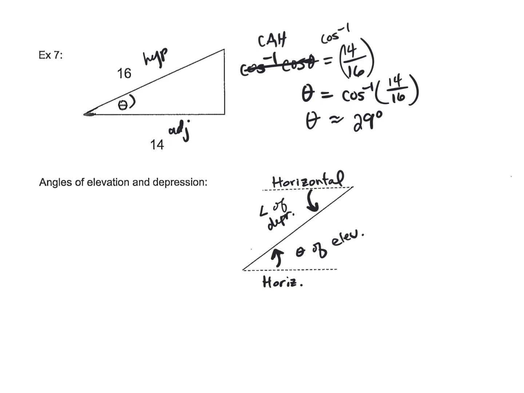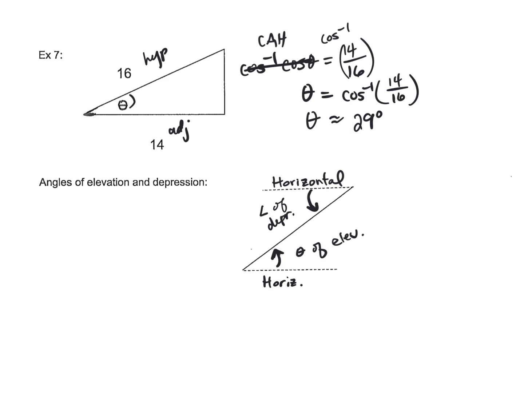If I were looking at you, you would be looking at me, wouldn't you? If you were up there and I was down here, if I'm looking up at you, aren't you looking down at me at the same angle from the horizontal? These are alternate interior angles, aren't they? So we look down and we look up at the same angle. So if they give you an angle of elevation, you automatically know the angle of depression and so on, okay?